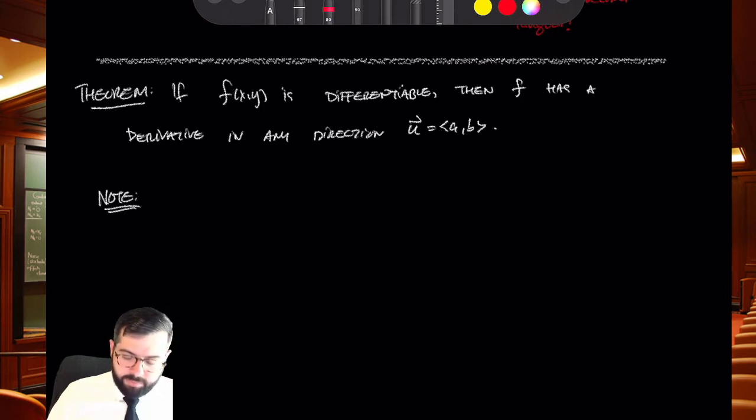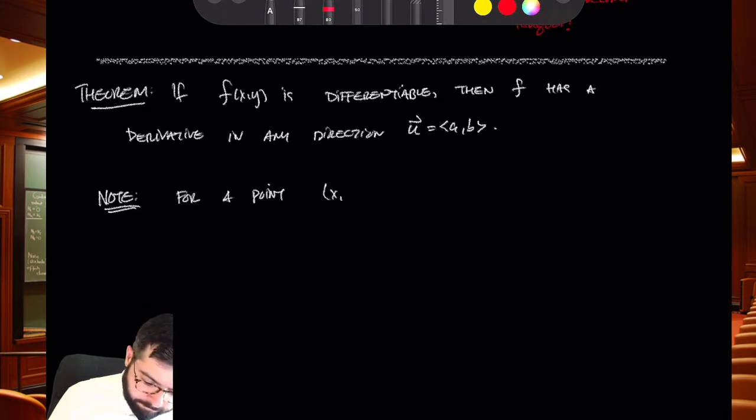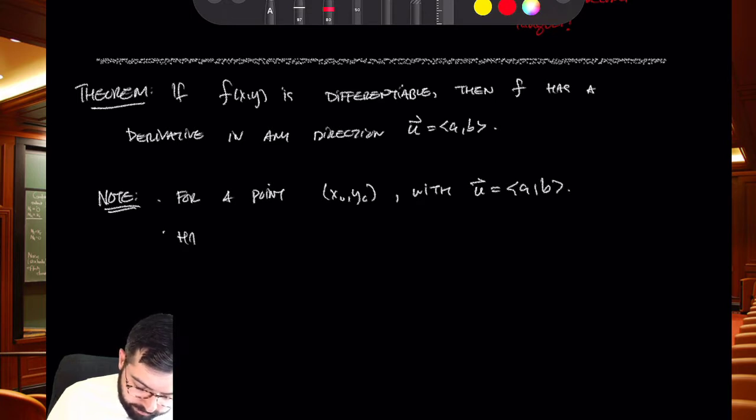So I'll come at it from this perspective. For a point x naught, y naught with u having these components, and we have f of x, y differentiable.